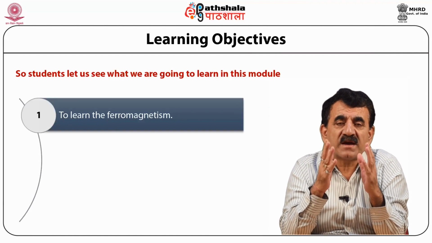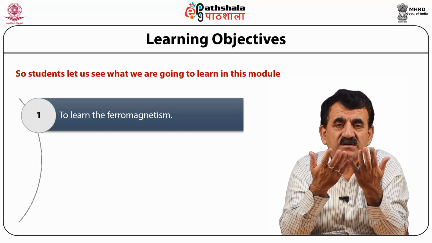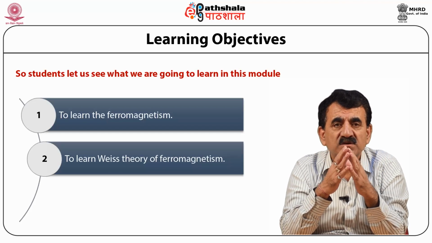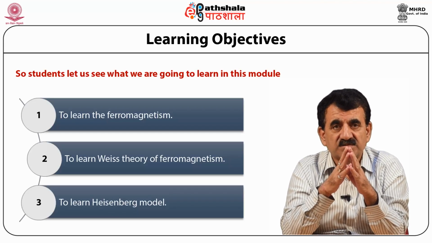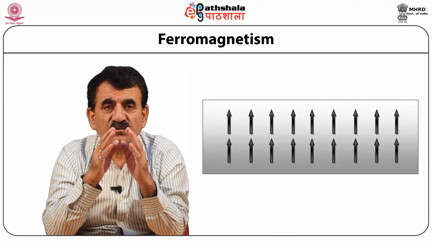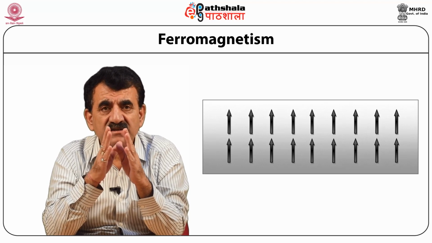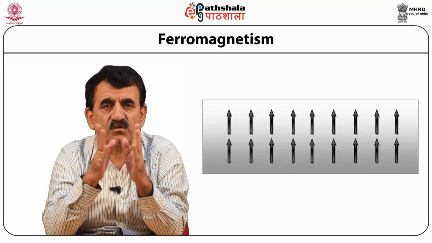To learn ferromagnetism, how ferromagnetism originates, and to learn the Weiss theory of ferromagnetism, also to learn the Heisenberg model for ferromagnetism. Before discussing ferromagnetism, it is important that we understand Hund's rule.